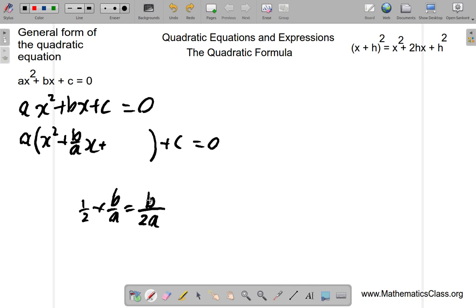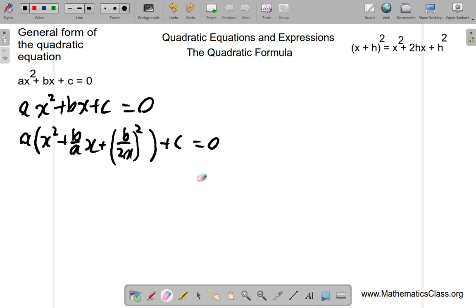So half of b over a is b over 2a. And then square it. Just like we have 2h, half of 2h is h, then h squared to make the perfect square. We square this and add it. So it's b over 2a squared.